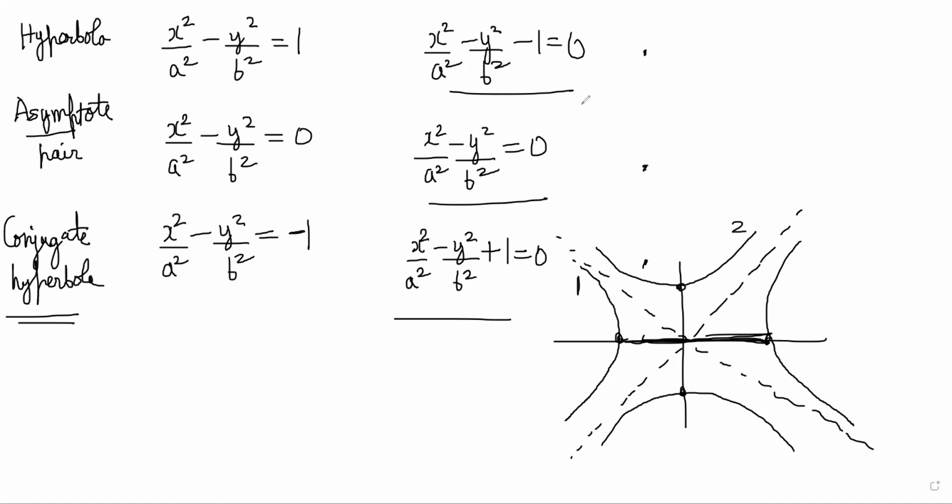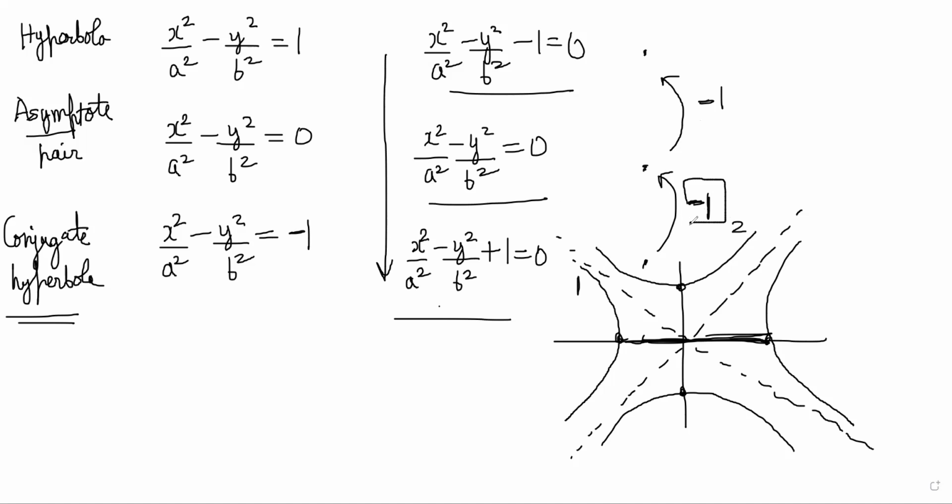Now, if you see equation of conjugate hyperbola minus 1 is equal to the equation of the asymptotes, right? And minus 1 is equal to equation of the normal hyperbola, correct? So the thing to remember here is that the three equations differ by constant values.